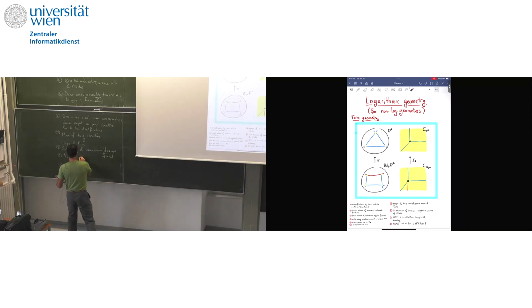This implies that the intersection theory of any toric variety is completely captured by the boundary. So the torus invariant cycles generate the Chow ring. So A star of X sigma, let me say, is captured by the boundary. Of course, I could say something more precise, like generated by boundary divisors.